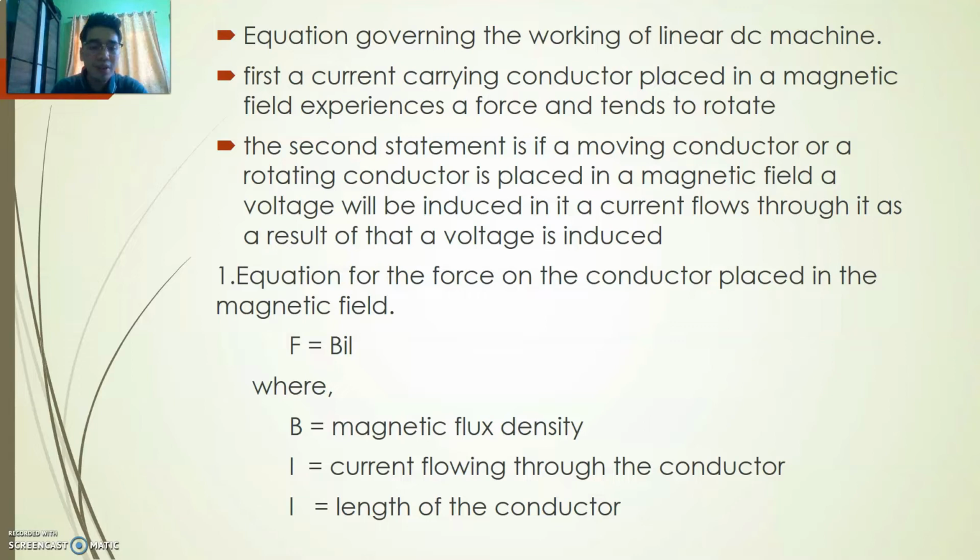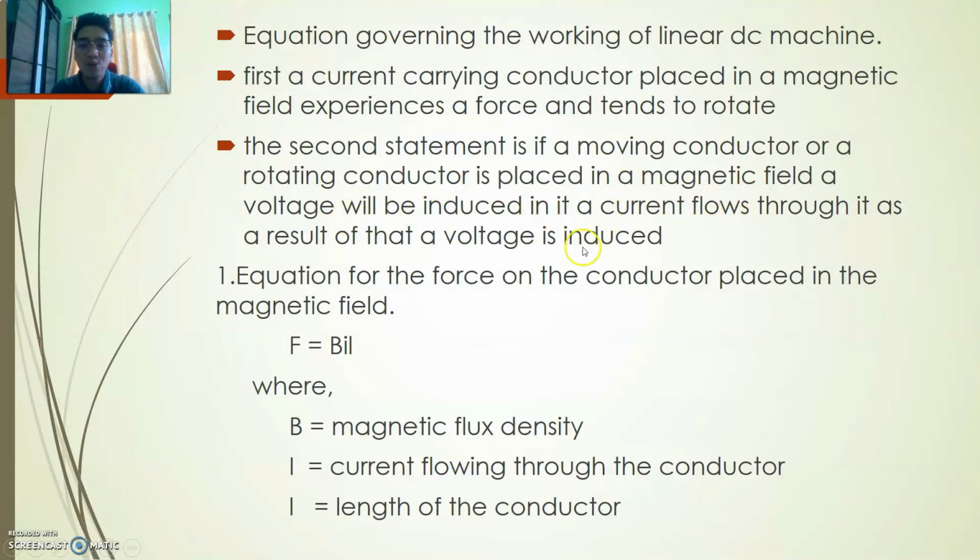Now, if you remember, Fleming's rule has two statements. The first: a current carrying conductor placed in a magnetic field experiences a force and tends to rotate. For the second statement: if a moving or rotating conductor is placed in a magnetic field, a voltage will be induced.